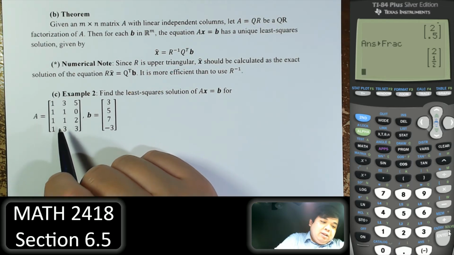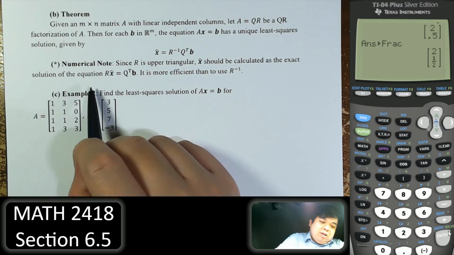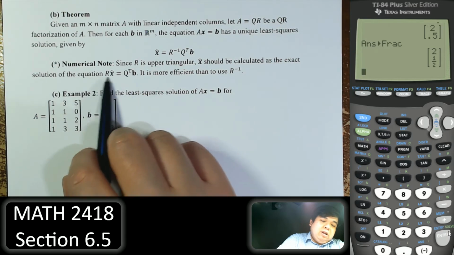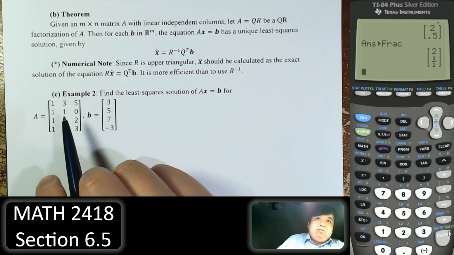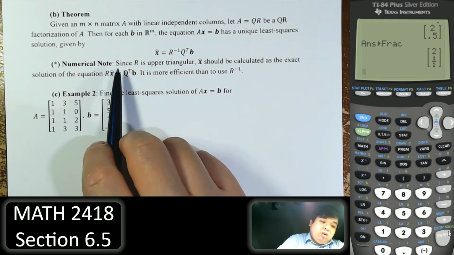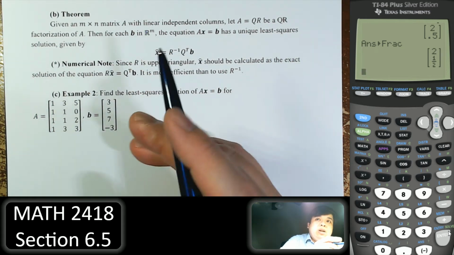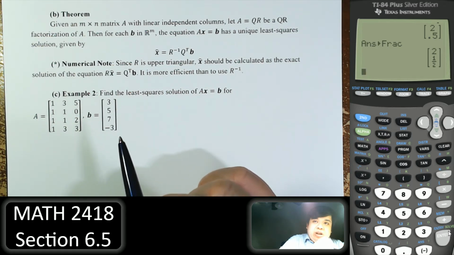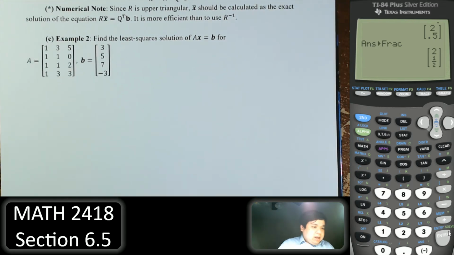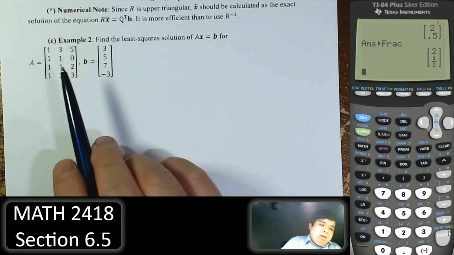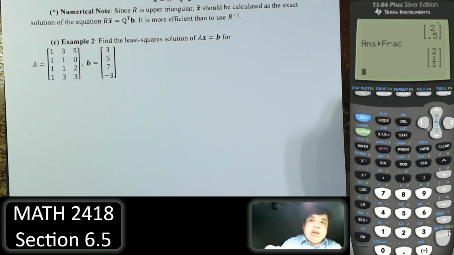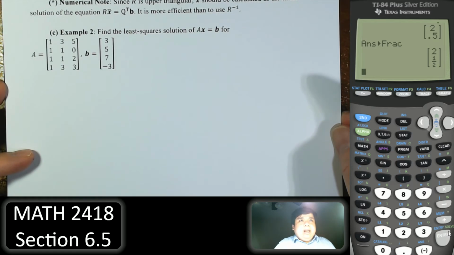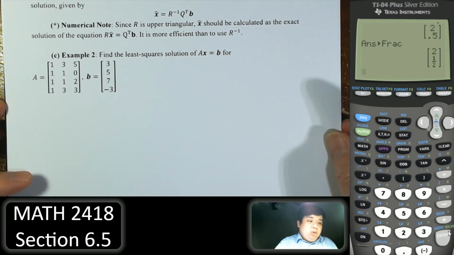If we don't want to deal with the inverse, we're just going to use reduced row echelon form, which is always a more efficient way than using the inverse. Right. Next, for the least square solution of this one, I'm not going to use the QR factorization because that takes a lot of work, and it's not an efficient way to do it.